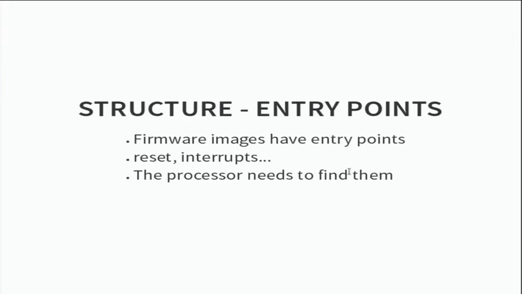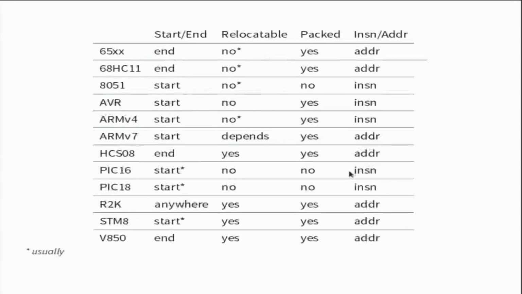And it's very common to have this at the start or the end, and sometimes this table takes the form of a number of instructions that will perhaps jump to the code, or it might be a tightly packed table of addresses. And I did a brief survey of a handful of randomly selected embedded architectures, some of which are common, some of which are less common. And as you can see, the vast majority allocate a contiguous vector table at the start or the end, with the exception of one which actually only ever boots from a bootloader, so it's a bit different.